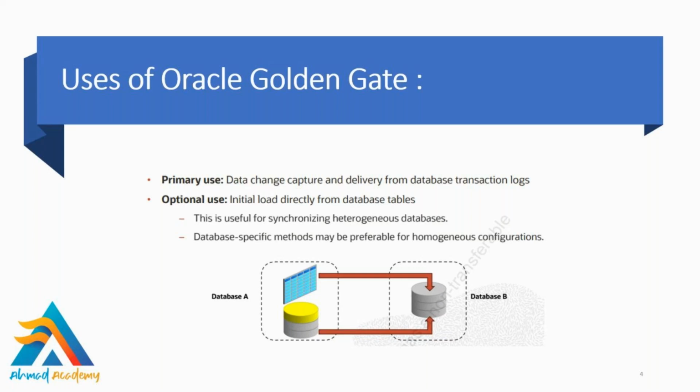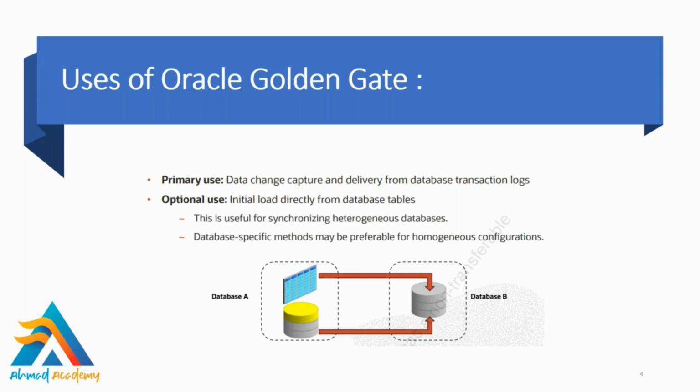In this case, Oracle Golden Gate is the recommended method, and transaction logs in an Oracle database context are the redo logs, which store changes and are different than undo data stored in undo tablespaces. So these are the uses of Oracle Golden Gate.